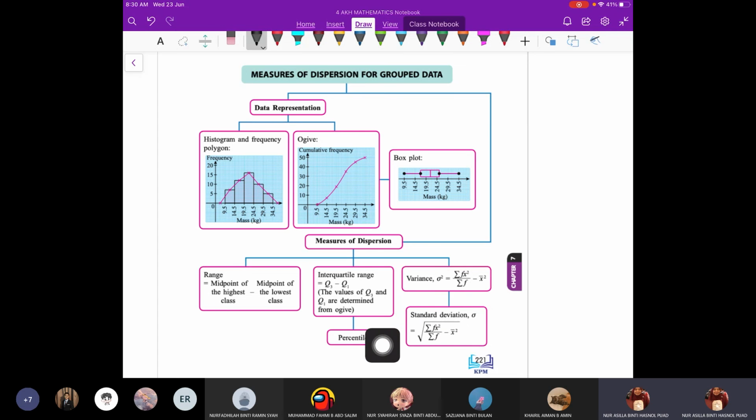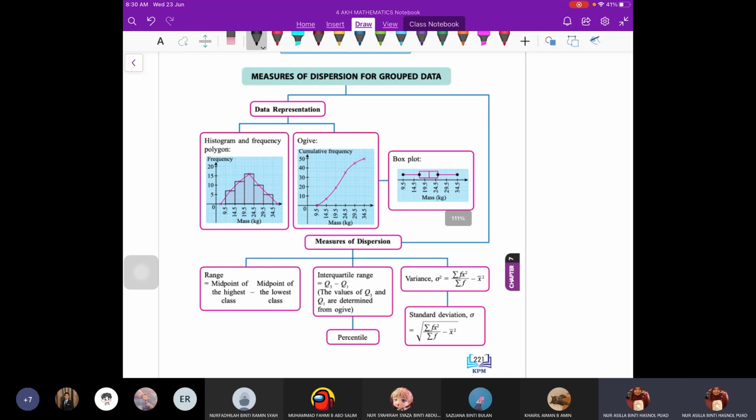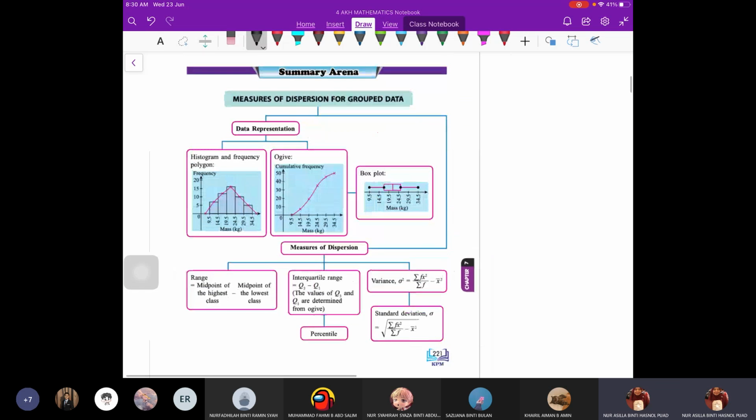And then kita teruskan lagi sebenarnya macam mana kita interpret our measures of dispersion bila melibatkan dua ataupun lebih set of data. Kita belajar benda tu. Okay. So, for today, itu saja. So, hopefully it is useful for you guys. Okay.